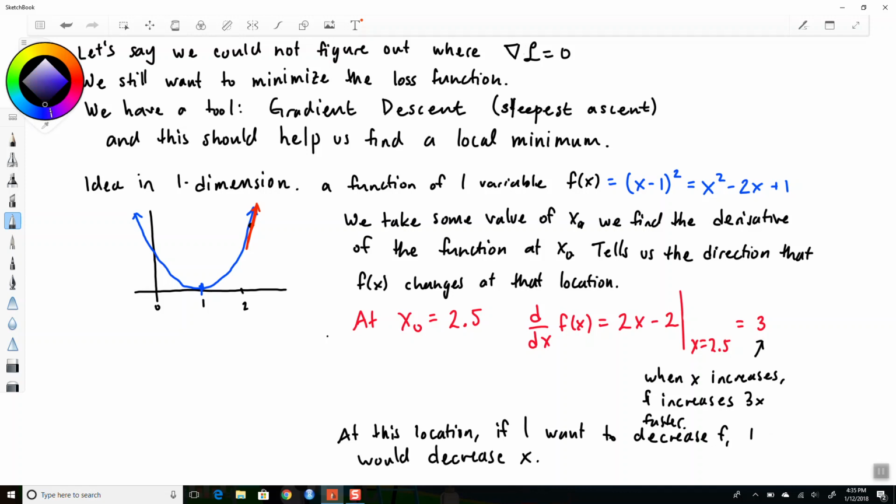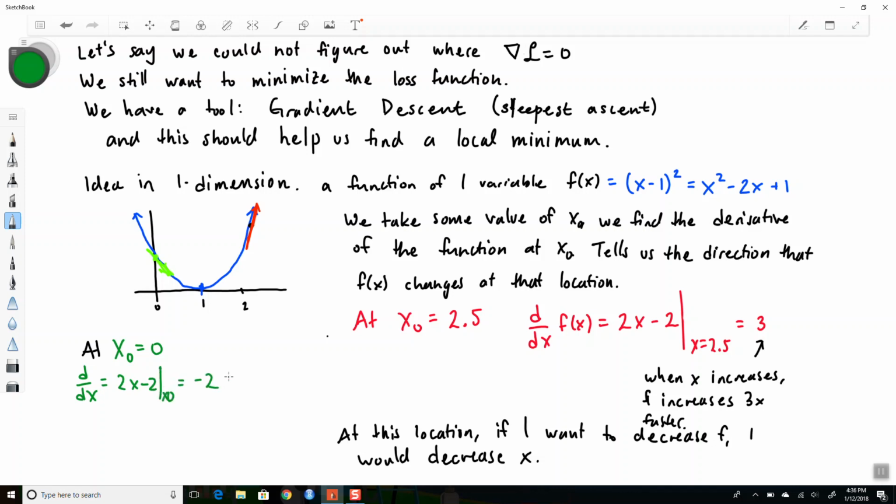Over on this side, let's come over here, okay? And let's say I'm at this location over here. The tangent line goes like this. So we'll say at x0 equals, let's say 0, then d dx would be 2x minus 2 at x equals 0.